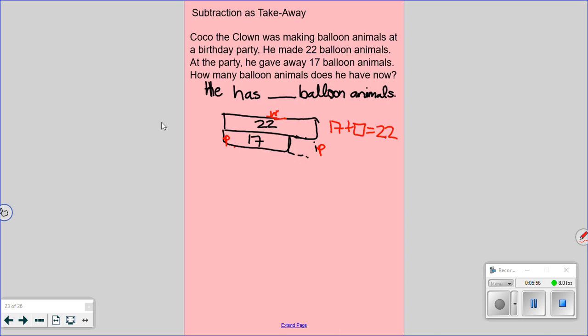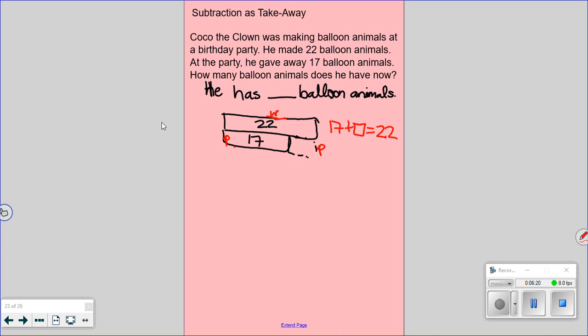If I use subtraction, kind of like division, I have to start with all the things. That means I have to start with my total. It's not always the bigger number. In third grade land, it is usually the bigger number, but in mathematics, it's not always the bigger number.